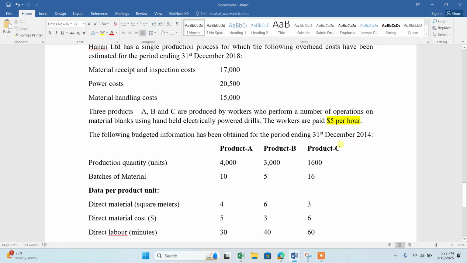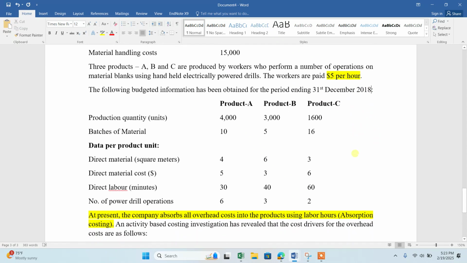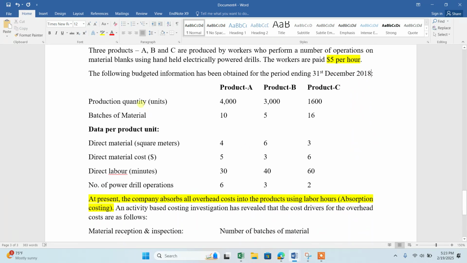Budgeted information has been obtained for the period ending 31st December 2018. This is the budgeted information for the number of units. For product A, the total number of units is 4,000, for product B it is 3,000, and for product C, 1,600 units are produced.